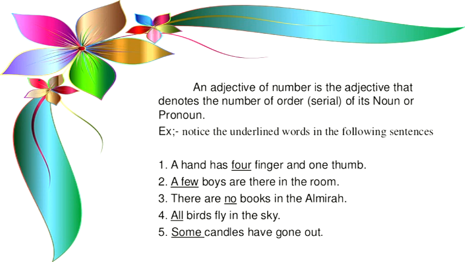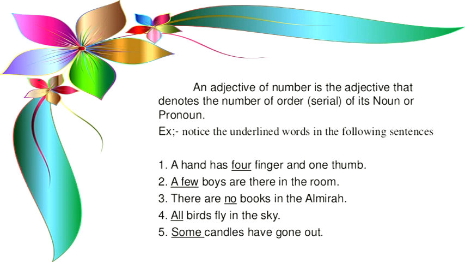Okay? Like: All birds fly in the sky. So how many birds? All. The word all tells us the number of birds. Right? So it is an adjective of number. Some candles have gone out. How many candles? Some.